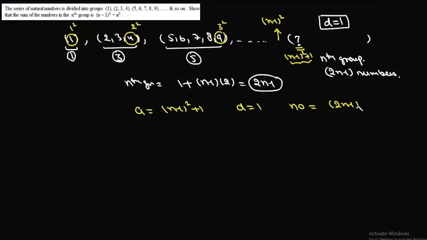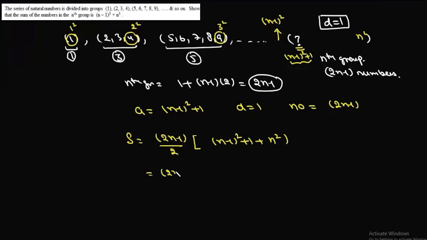We just need to find its sum. So the sum of these numbers will be n by 2, so it will be (2n minus 1) by 2, and then a plus l. So it will be (n minus 1) square plus 1 plus, and we know that the last term will be n square, so it will be simply n square.